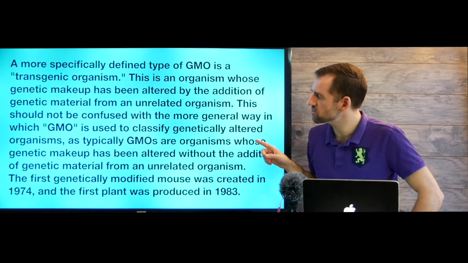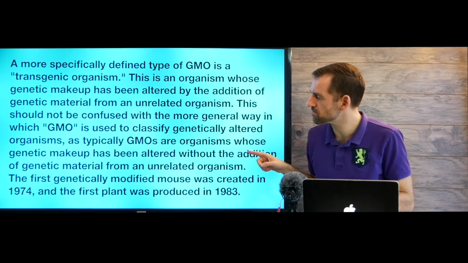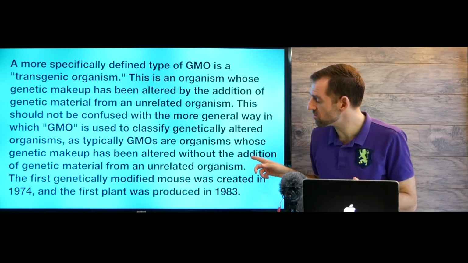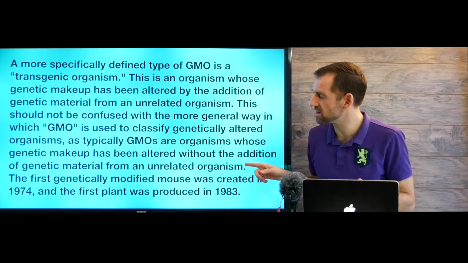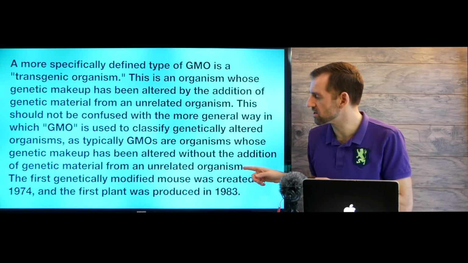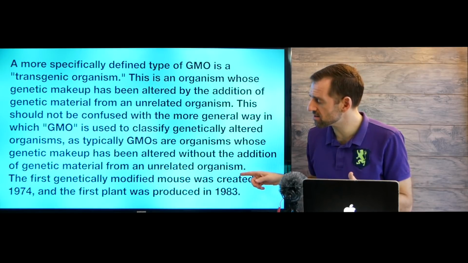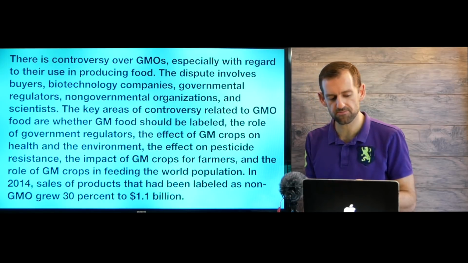This should not be confused with the more general way in which GMO is used to classify genetically altered organisms, as typically GMOs are organisms whose genetic makeup has been altered without the addition of genetic material from an unrelated organism. The first genetically modified mouse was created in 1974, and the first plant was produced in 1983.